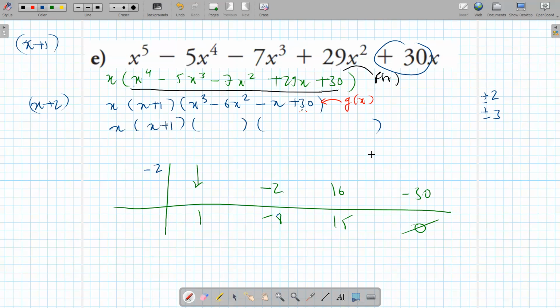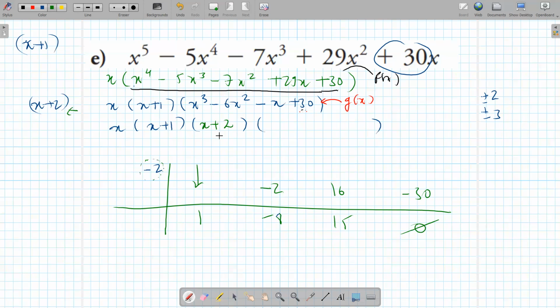What's the factor, basically? We're dividing by negative 2, so what does that mean for our factor? Our factor is right here, x plus 2 is our factor.